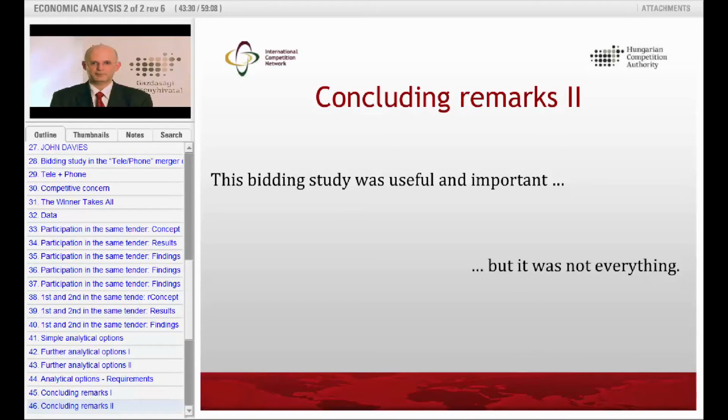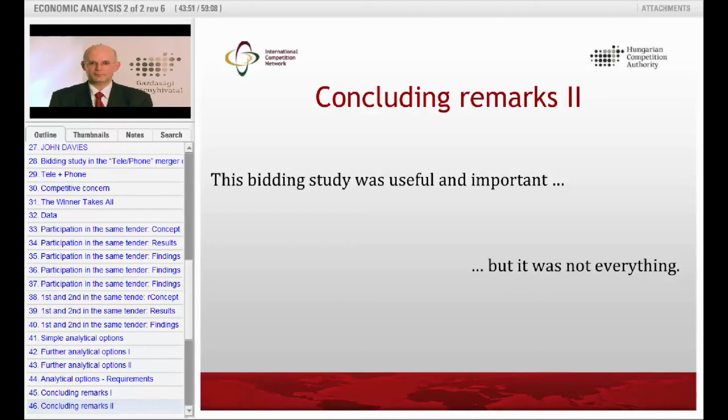Other information pointed in the same direction. For example, Tele and Phone seemed to target different kinds of customers. Various evidence reinforced each other. Ultimately, the GVH did not find that the merger was likely to lessen competition substantially, so it was cleared.